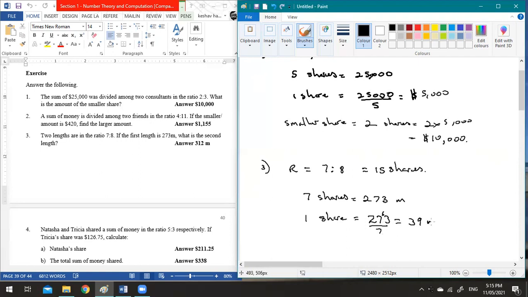So 39 meters. So the longer length is 8 shares. So it's 8 by 39. 9 8s are 72. 3 8s are 24 and 7 is 31. So 312 meters.